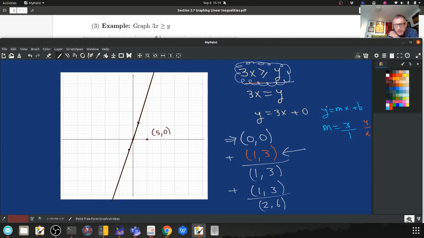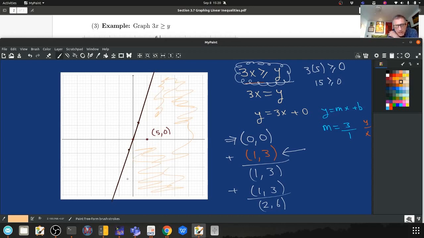Let's plug that in the original inequality. 3 times 5. Is it greater than or equal to 0? It sure is. 15 is greater than or equal to 0. So when I go to shading, this is the side I shade over here.